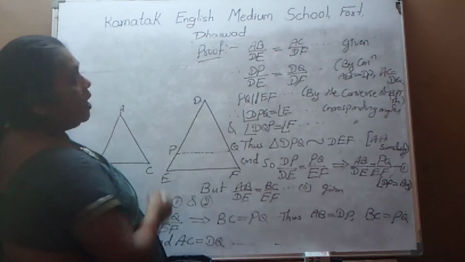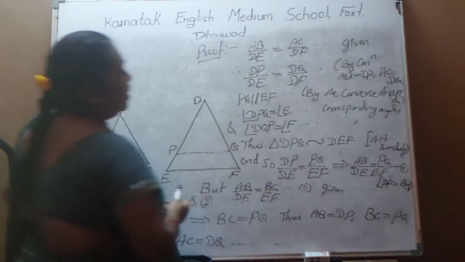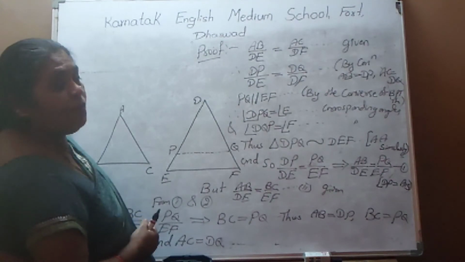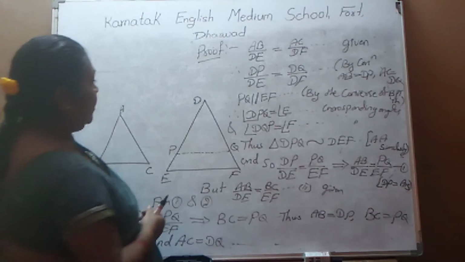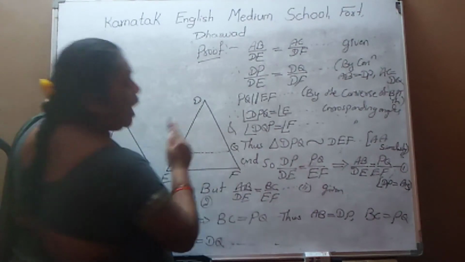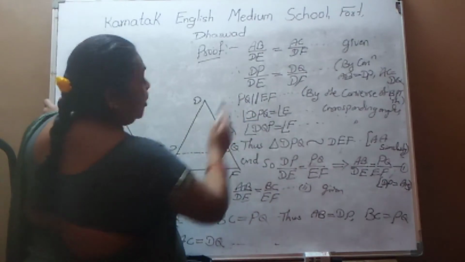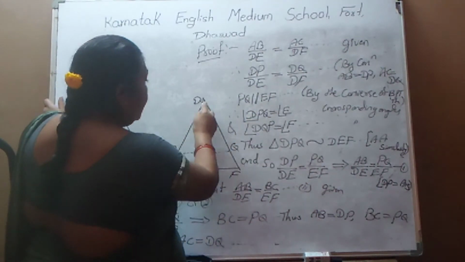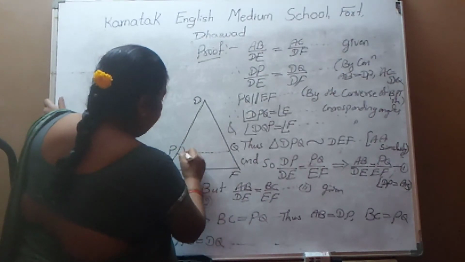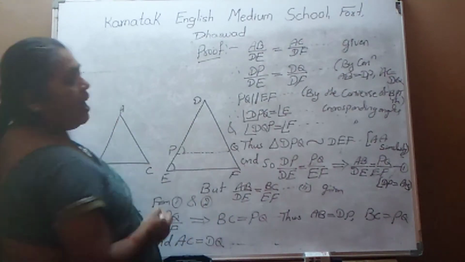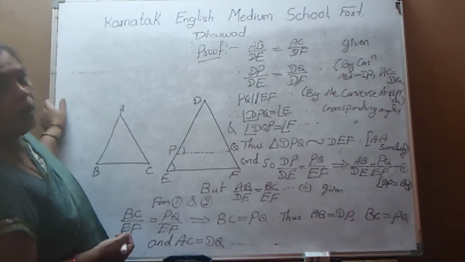PQ parallel to EF by converse of BPT. When PQ is parallel to EF, then angle DPQ and this angle E are equal because of corresponding angles.